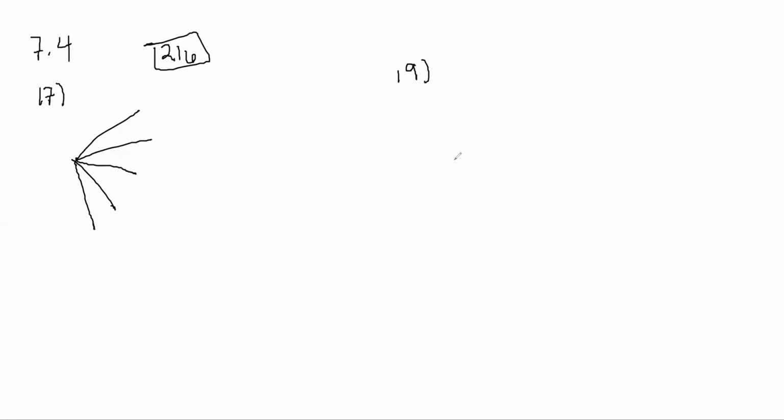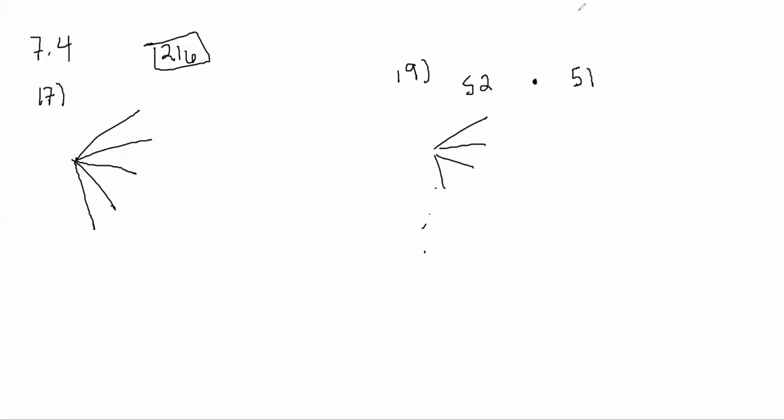If I were to draw a tree, there would be 52 possible cards for the first, times 51 possible cards because we didn't replace the first card. So the answer to 19 is going to be 52 times 51.